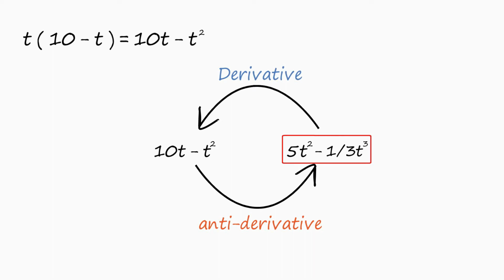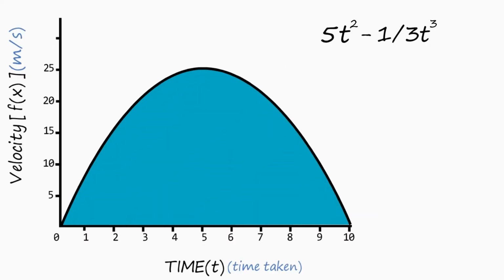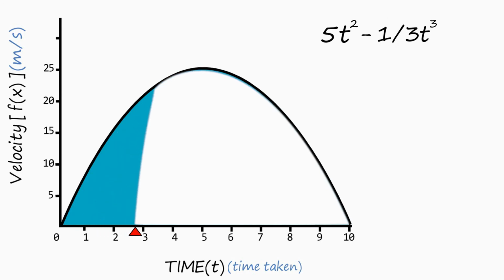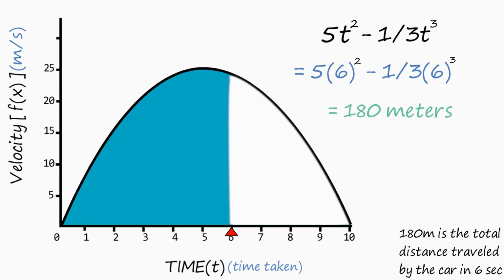And that's it. Now we can give any input value, like let's say I want to know the distance traveled by the car in 6 seconds. So I replace t with 6 and find the total distance traveled by the car in 6 seconds. But there is one small problem with this method.